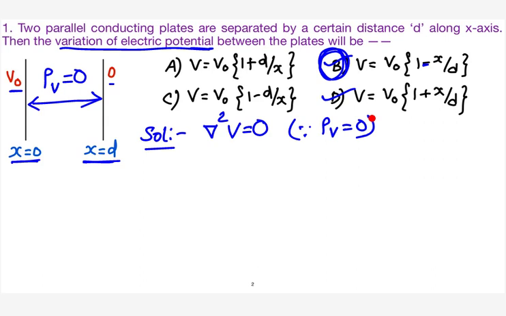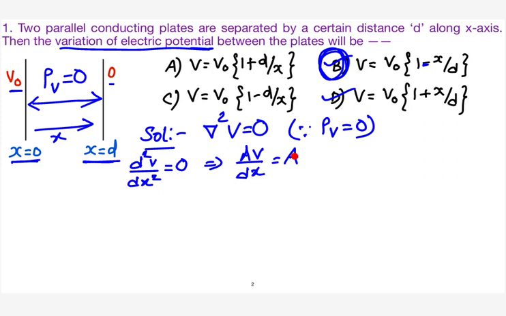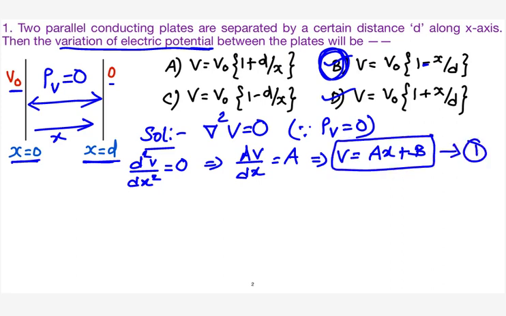Since the variation of the potential is happening along x, del square V can be written as d square V by dx square equal to 0. So integrate once, you will get dV by dx equal to some constant a. Integrate one more time, and V you are going to get in the form of a into x plus b. So this is the equation for the potential.